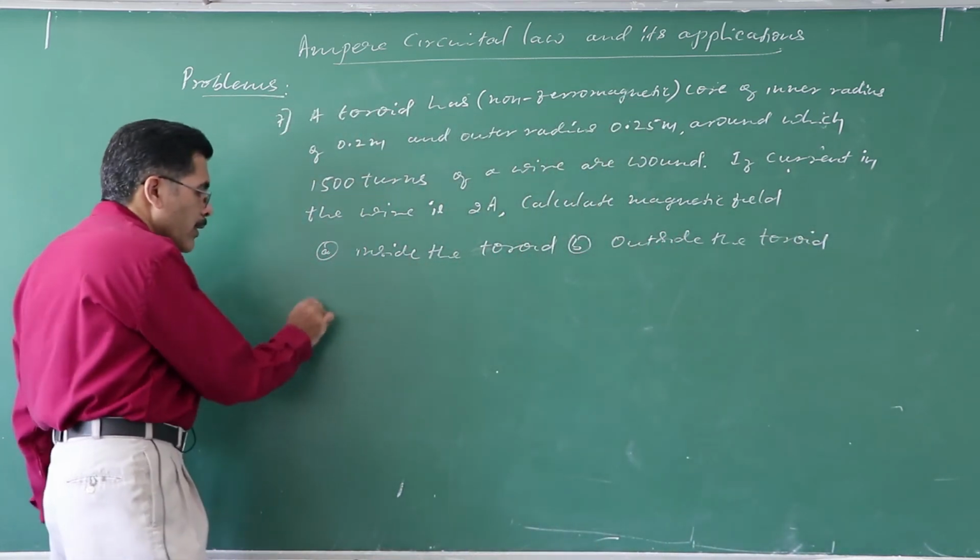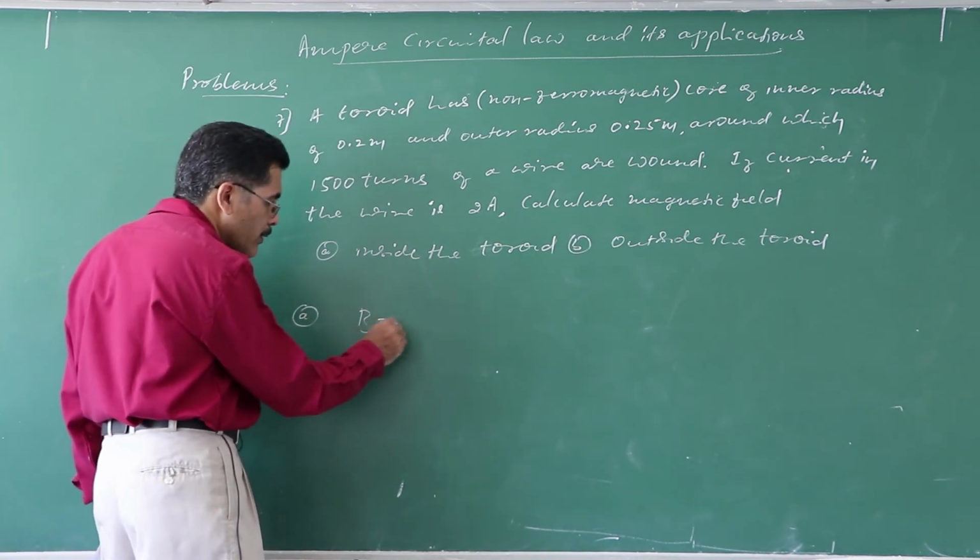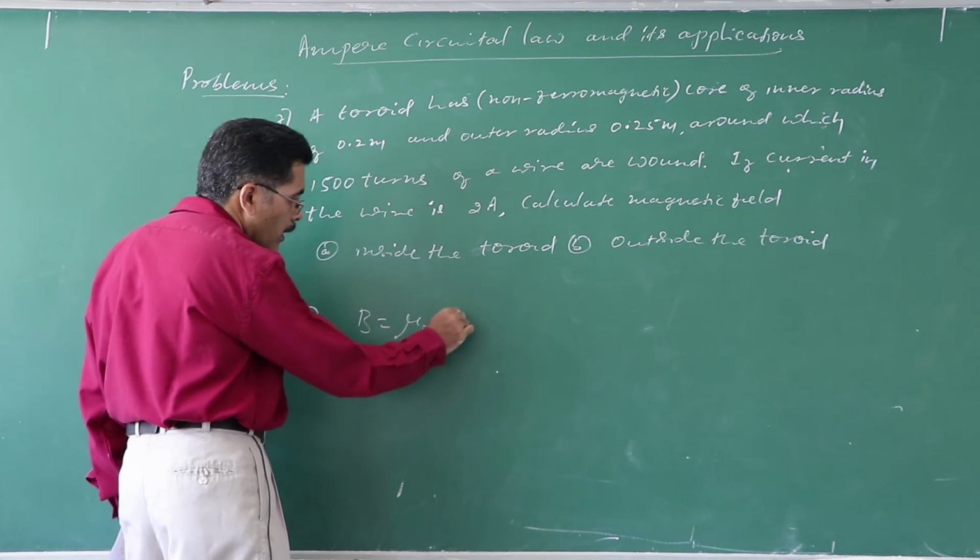So you know that the magnetic field at any point inside the toroid is given by B is equal to mu naught into N i.